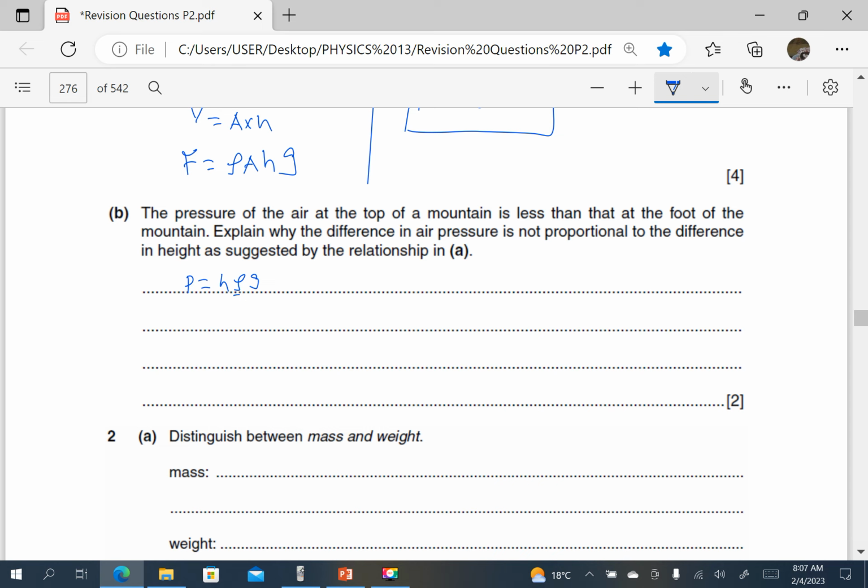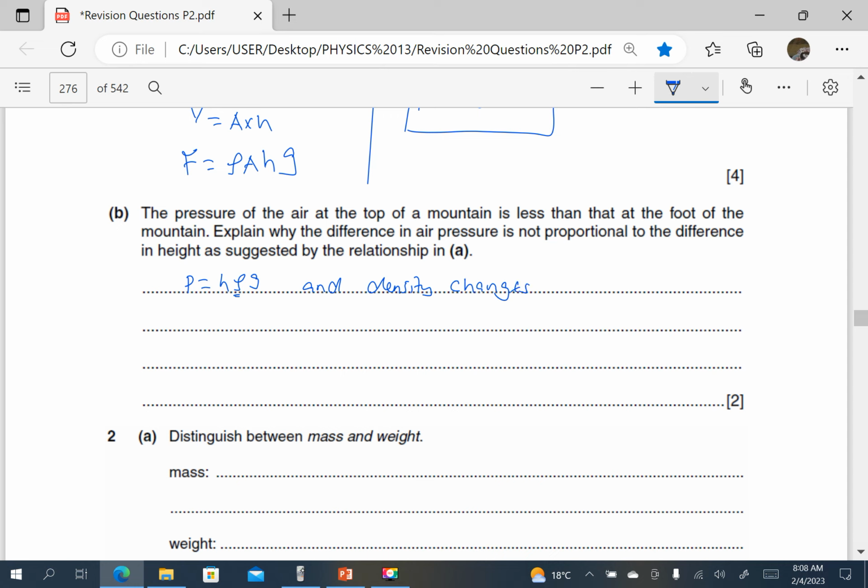Of course, the problem comes with the density. The density of the air also changes with the height. And if the density is not constant, it means the pressure is not going to be just proportional to h. So pressure is equal to h rho g, and density changes.